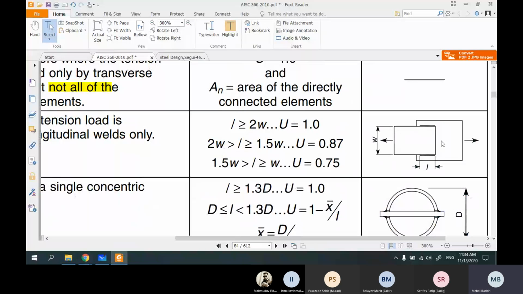W is the width of the plate, and if L is more than 2W, that means this length is long enough, U is 1. If L is less than 2W but more than 1.2W, U is 0.78, and if it is less, look here, check which of these three cases you get into.